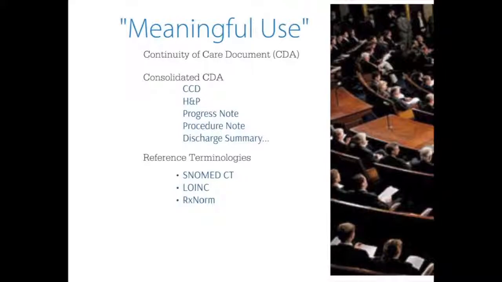So if you'll excuse me, as I mentioned, I'm a neonatologist, so I just wanted to touch on a reason I got into any of this standards and interoperability work, and describe some of our own use cases for CDA as well as the reference terminologies.